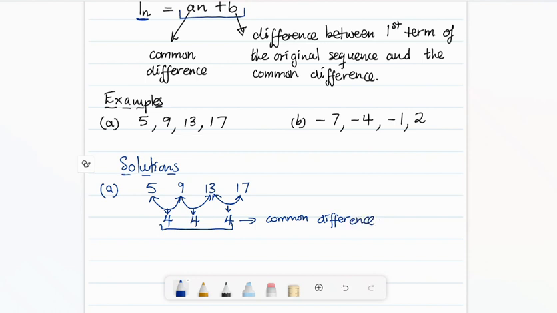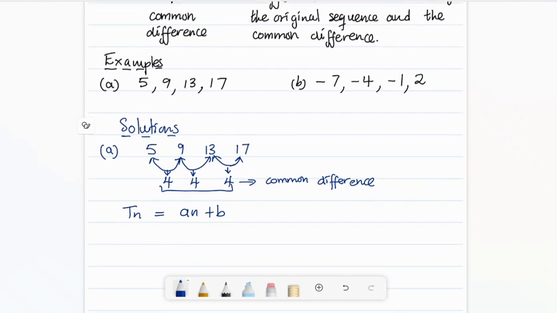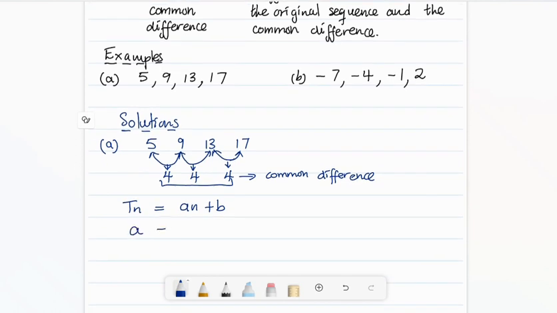So if all the values of the first difference look the same, then it means it's a linear sequence. Now going back to our general formula, we say Tn is equal to an + b. So if you look closely, we can see that our a is equal to 4.